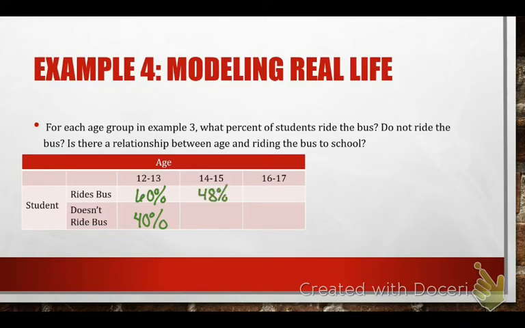Now, I could do the division on the next one, how many don't ride the bus, or if this one's 48%, what could I subtract it from to find the rest of it? 100. 100 minus 48, 52. It's only 2 shy of 50, so I add 2 to the other side, 52%.